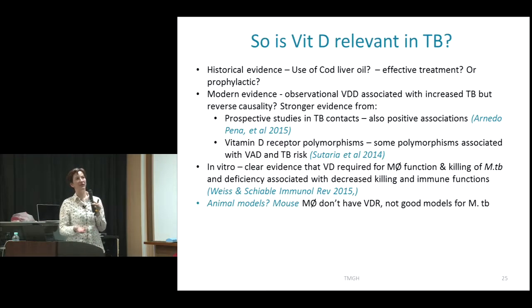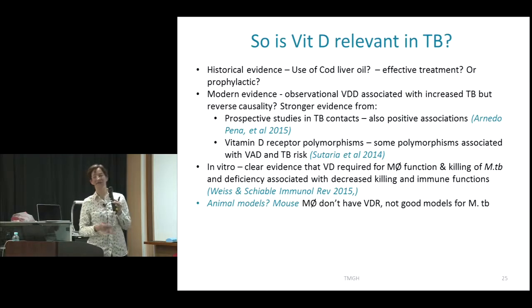So we see lots of associations, but when we intervene, we don't always see the effect that we'd hope for, or sometimes we see the opposite effect. And that's because there's genetic variation. So different people have different requirements. They're going to react in different ways to the intervention, perhaps because there are these polymorphisms in the vitamin D receptors.